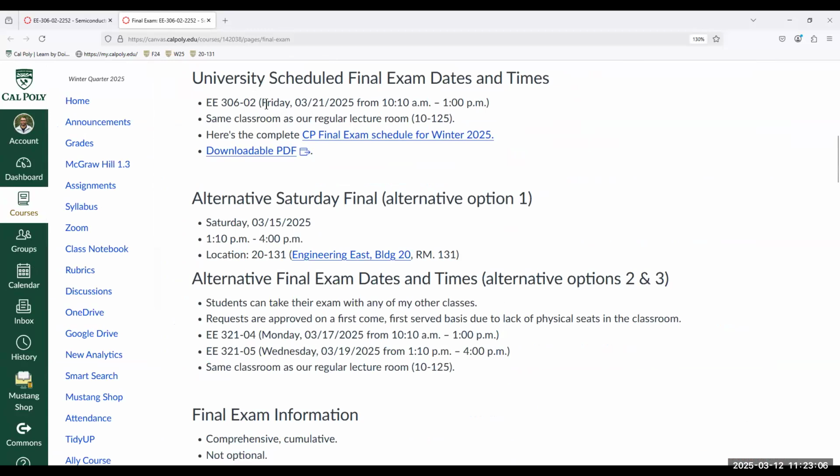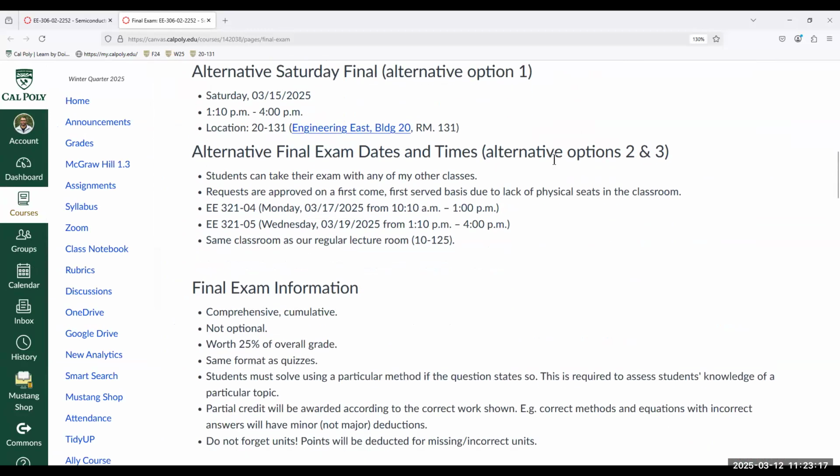The university scheduled exam is on the Friday. If you wish to take the exam earlier than Friday of next week, then you can choose any of the alternative options that are presented here. If you're taking it on a Saturday, you're pretty much approved. You can just arrive on Saturday. I will accept requests until Friday afternoon. I will again post this on the final exam page also.